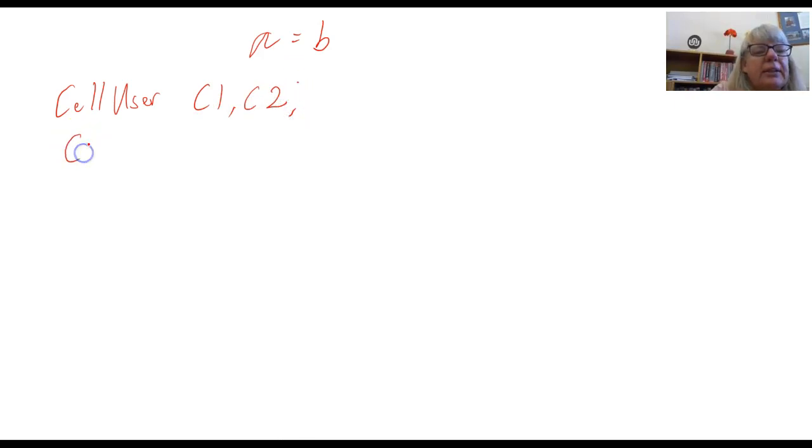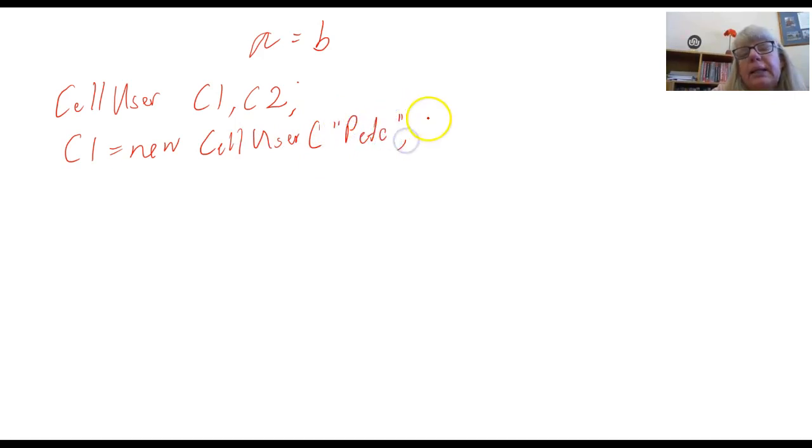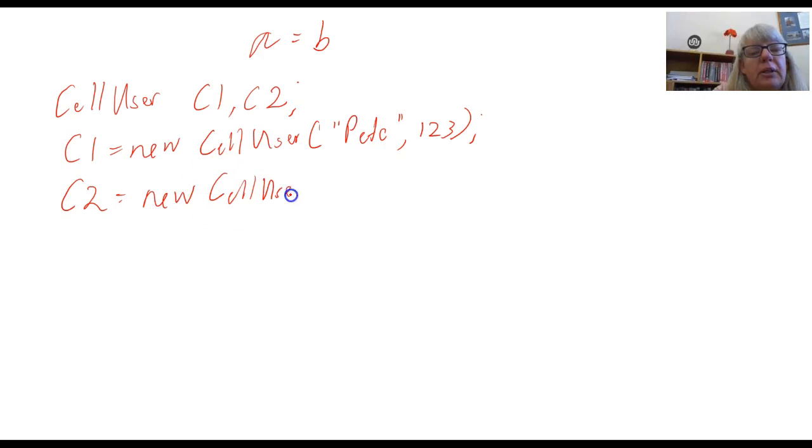If I say cell user C1 equals new cell user, and I gave him a name and a number, let's say this is how this class is defined, and C2 equals new cell user John. Nice short cell numbers, these.